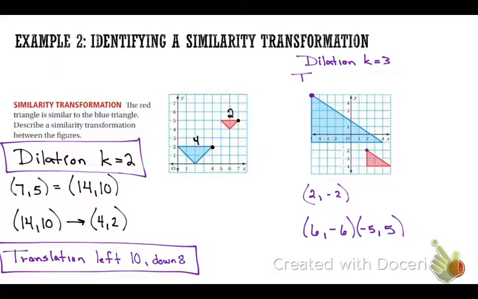So this is also a translation. I did that by asking, what do I do to 6 to get to -5? I would subtract 11. And to get from -6 to +5, I would add 11.